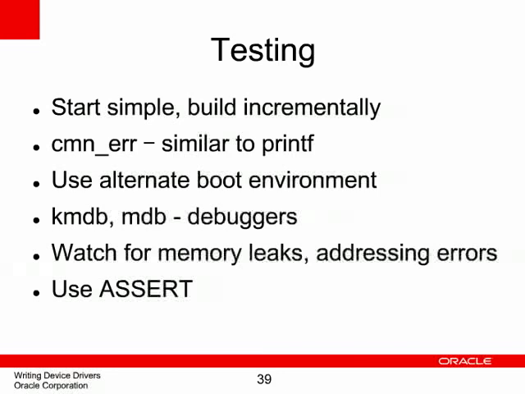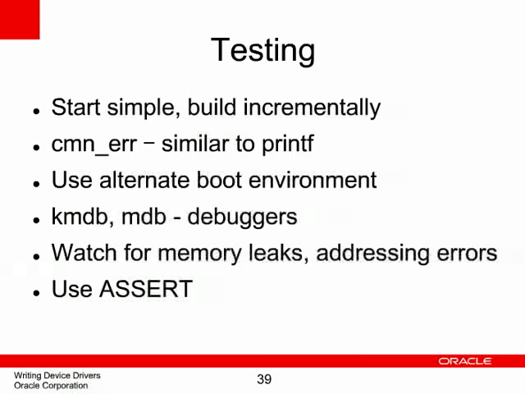MDB and ::findleaks is useful for finding kernel memory leaks. That tends to be a typical problem. I usually write a little script that attaches and detaches the device a couple of thousand times. It's a good way to test to make sure that those routines cleanly do and undo their operations correctly and that you're not leaving a lot of garbage behind.